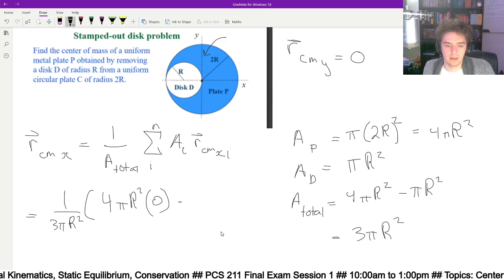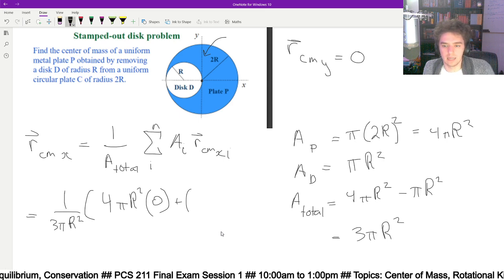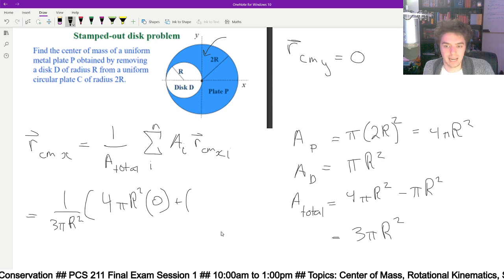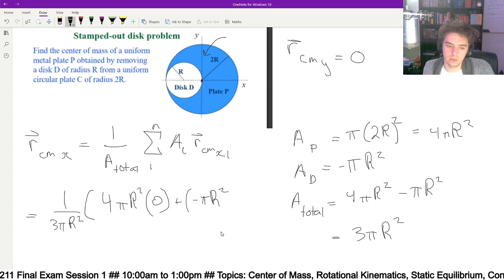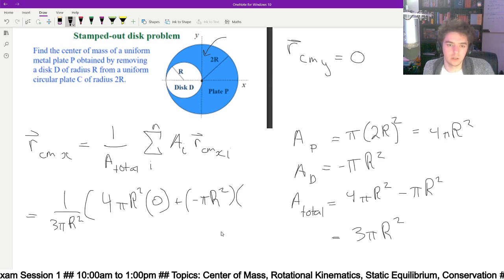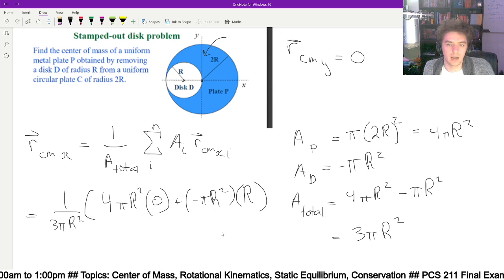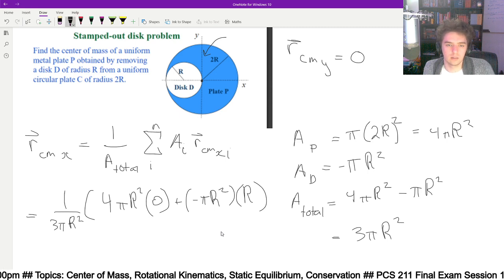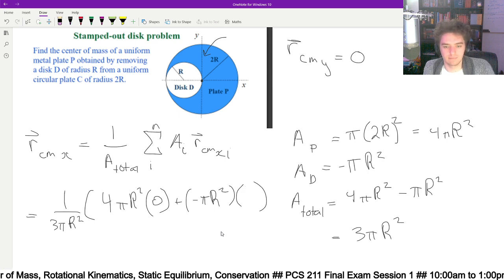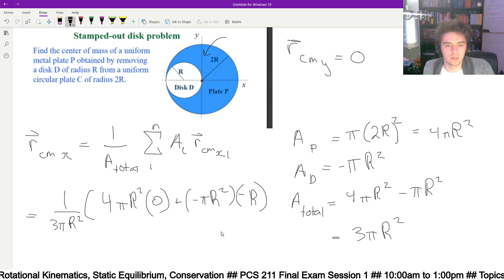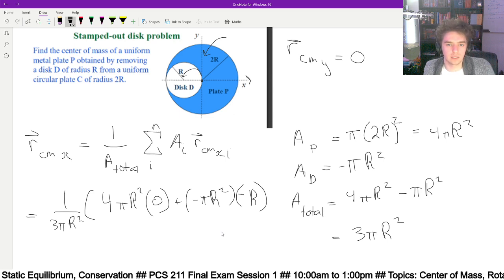Okay. Then I'm going to add the area of the second one. The area of the second one is going to be negative, though, right? So I should actually put a negative there. It's going to be negative pi r squared times its x position. Well, its x position is r. And actually, it's negative r, because you're going this way. This is the positive x direction, so you're going the wrong way.